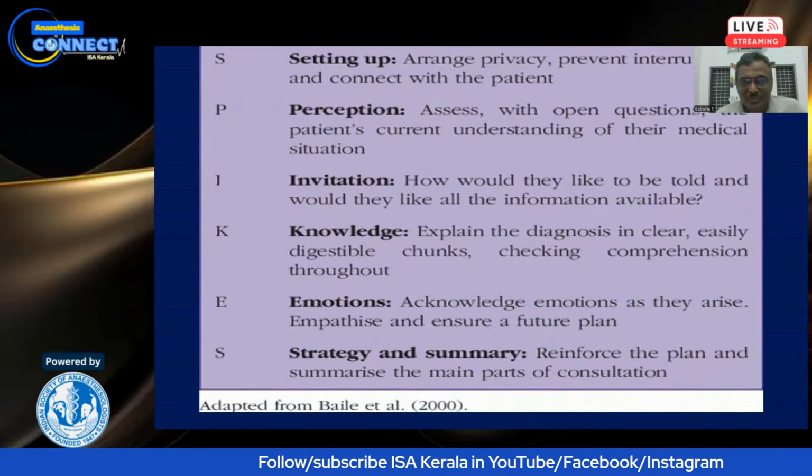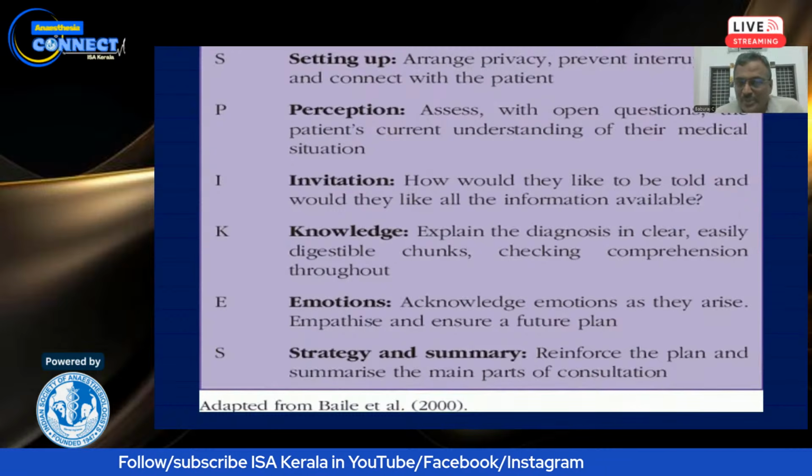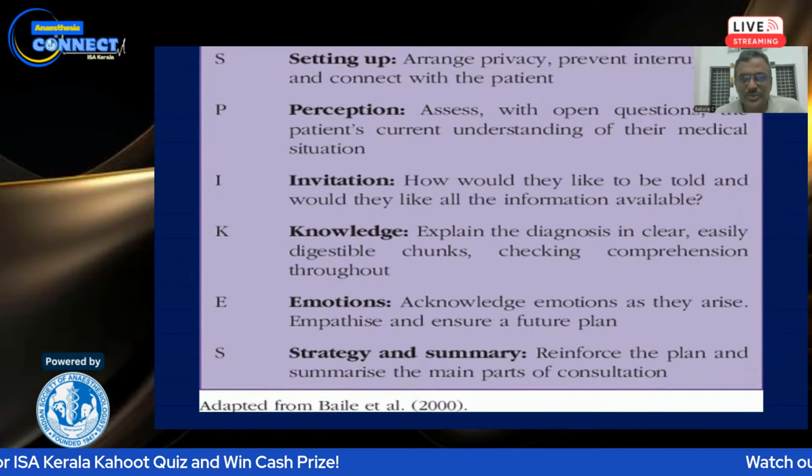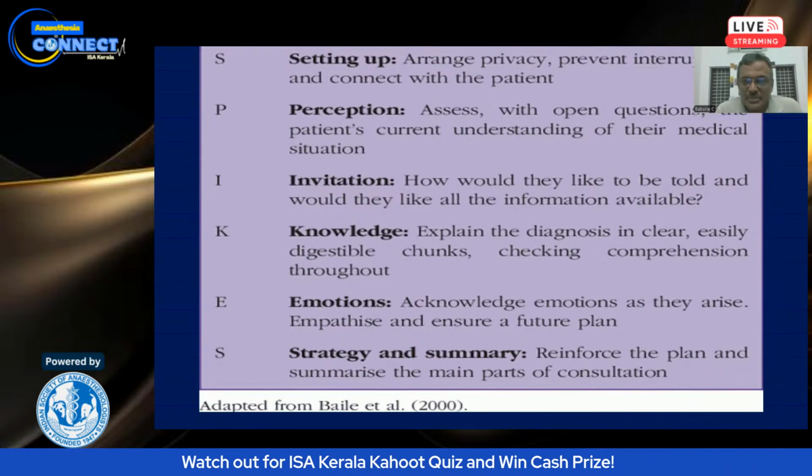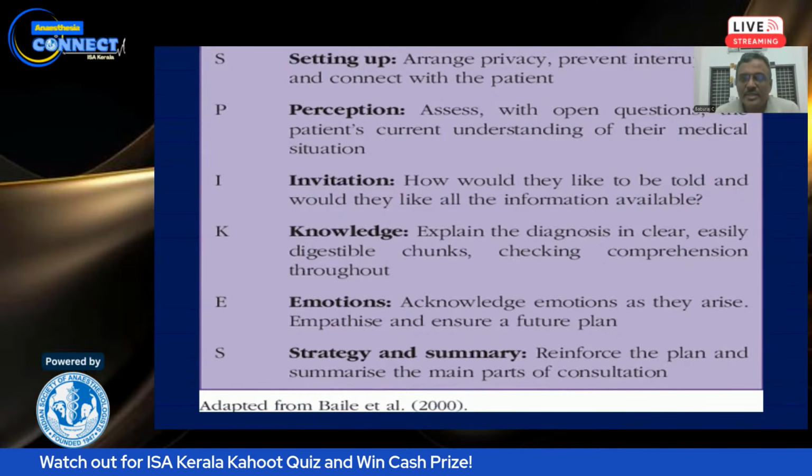So to sum up, SPIKES protocol is the most commonly used protocol for communicating the bad news, where S stands for setting up a conversation where you are ensuring privacy. P stands for perception, where you are assessing how much the patient knows about the problem.